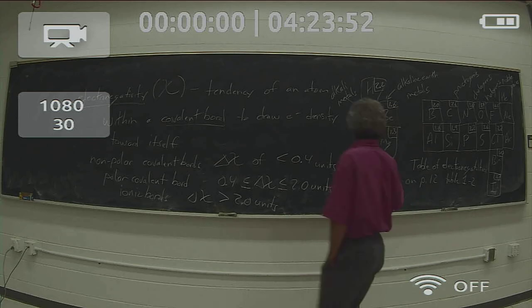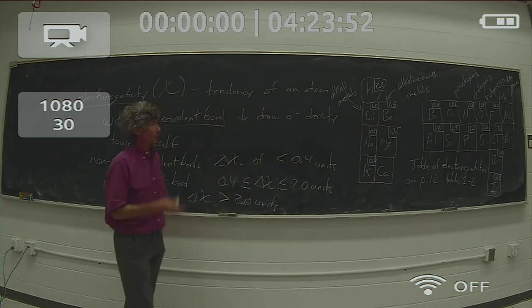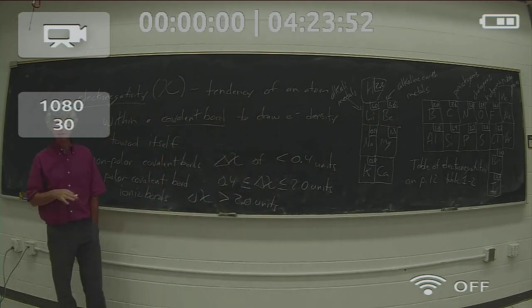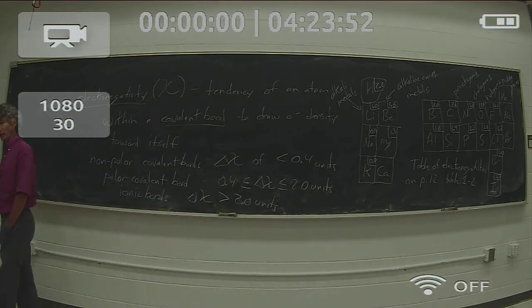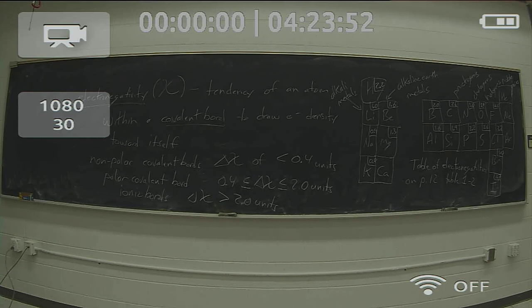The third and fourth row elements in the main group are much more similar to each other than they are to the second row. And that has to do with molecular size. It has to do with the fact that once you get into that third row, where the principal quantum number n is equal to 3, there are d orbitals present that are not present in the second row elements, where n is equal to 2, and l can only be 0, s orbitals, or 1, p orbitals.